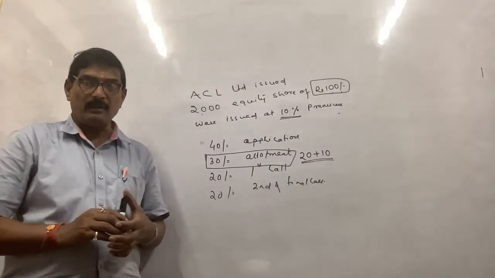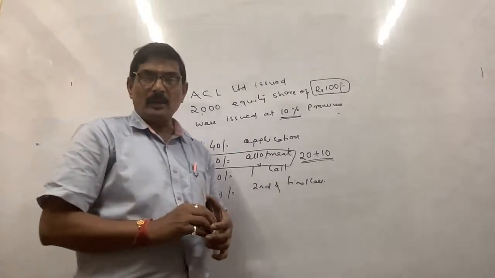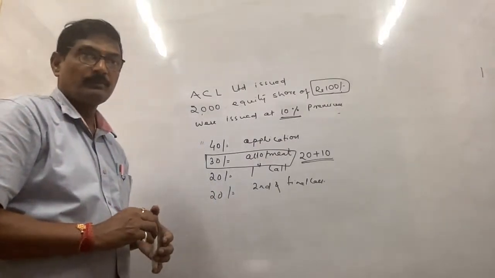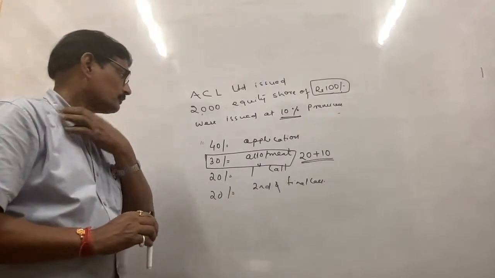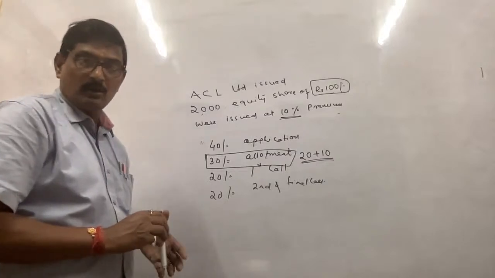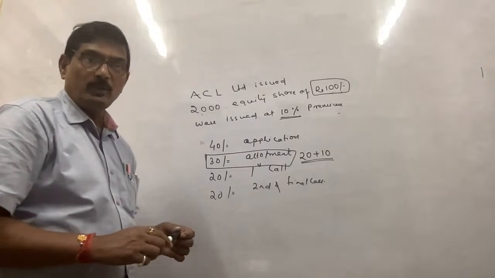Next one, for first call due, share first call account debited to share capital account, 2000 into 20.